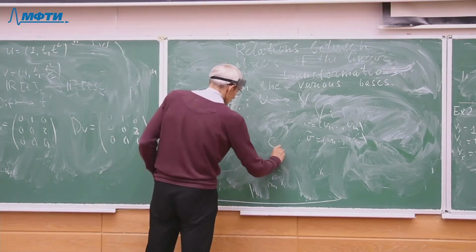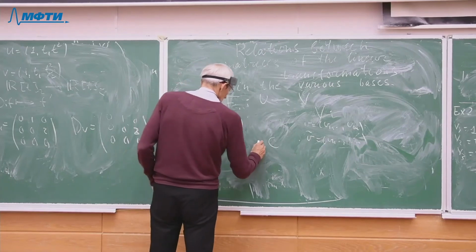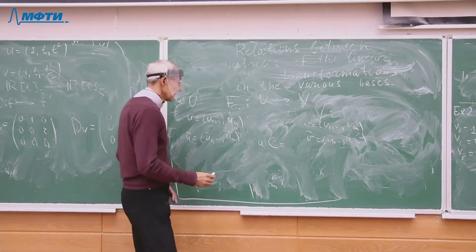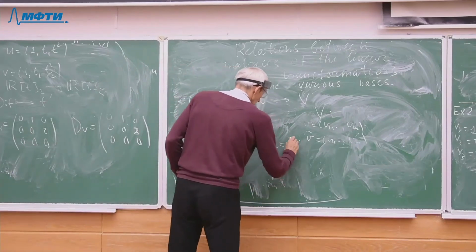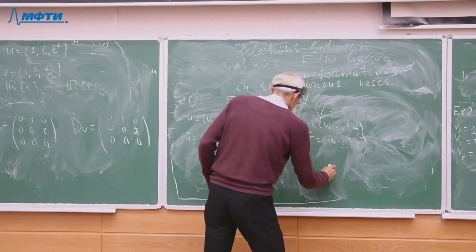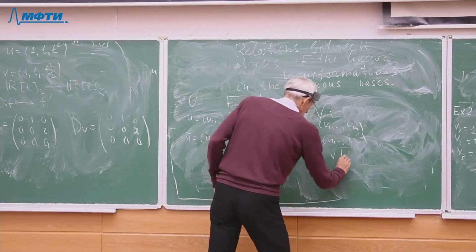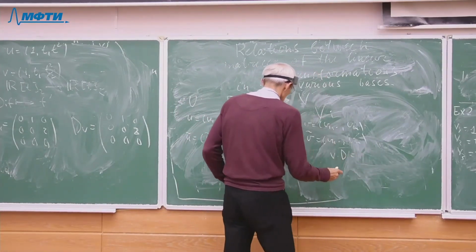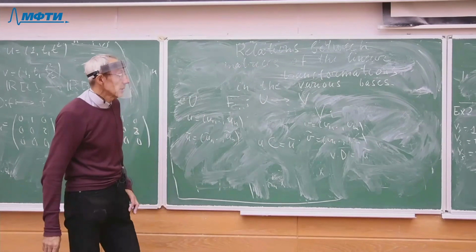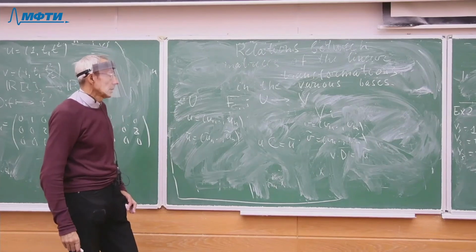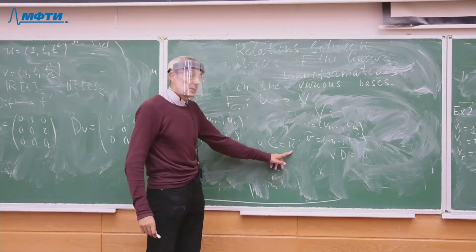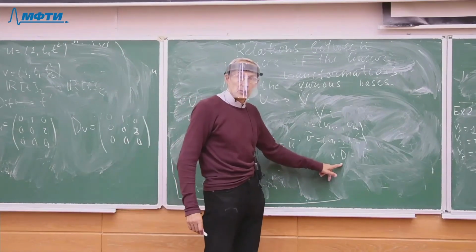Let C be such a matrix: U times C is equal to U tilde. And in the same way, let D be the matrix such that V times D is equal to V tilde. This is an n times n matrix and this is an m times m matrix.